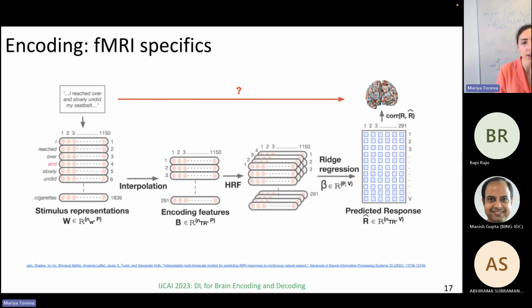So here the point is that when a particular region is involved in the processing of some information, it needs more blood because there's a metabolic demand there. And so blood floods into this region, but it takes time for this to actually happen. And so there's a little bit of a delay there.